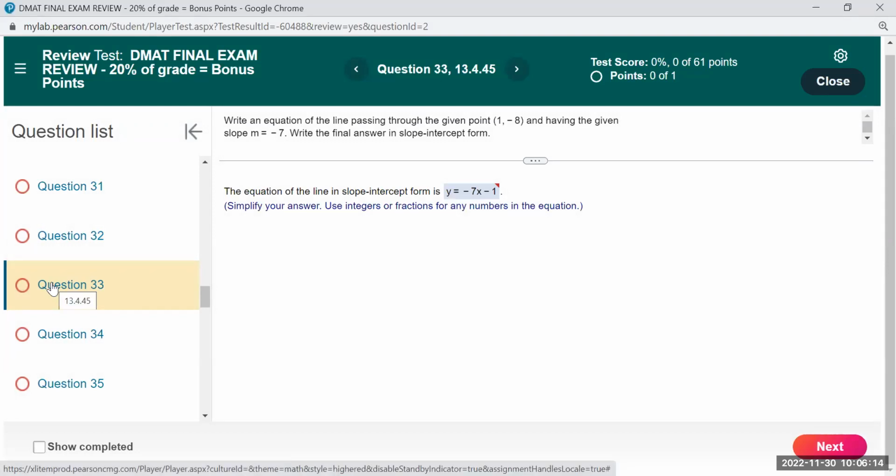Number 33. Write an equation of a line passing through the given point, 1, -8, and having the given slope, with slope equals -7. Find the equation of a line.